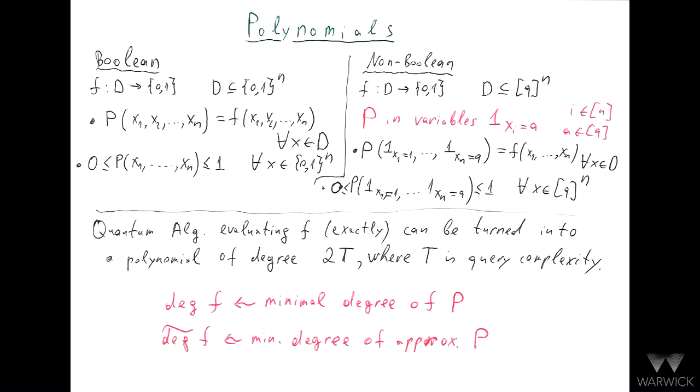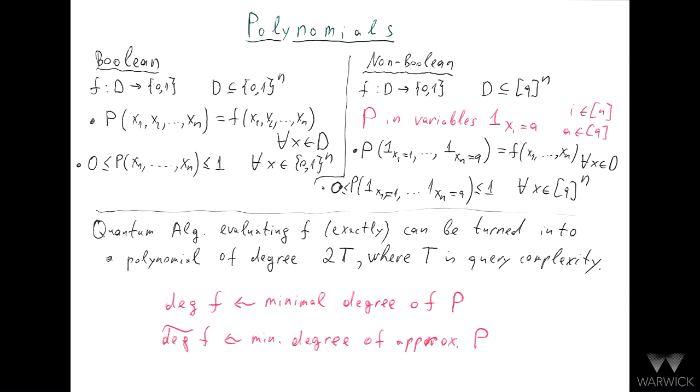Instead of having n variables, we have n times q variables, where each variable is just an indicator variable saying that x_j, say, is equal to some value b. Again, the representing polynomial is equal to the value of the function on the domain, and outside of the domain, on every valid string, it should be between 0 and 1.